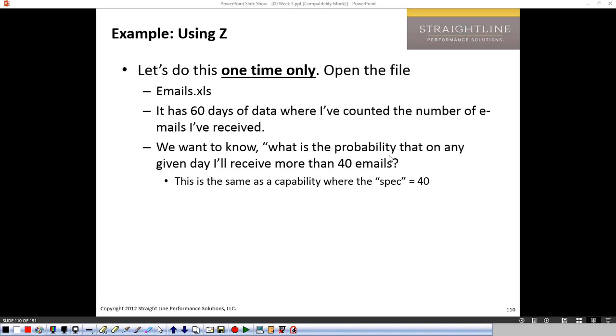Oops, I was a little bit cavalier there. So sometimes you have to be very careful about how you define it. Is it 40 or more, or is it more than 40? More than 40, 41 would be a bad day, but 40 would be an okay day. 40 or more, 40 would be bad also. Hopefully that makes sense to everybody.